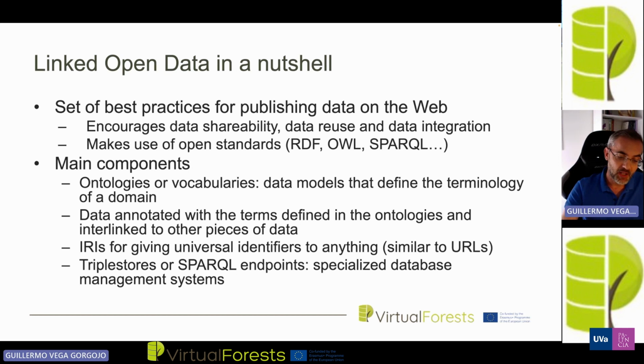Then you need identifiers. These are IRIs, universal identifiers to avoid ambiguities, and in a way they are similar to URLs. So basically it's identifiers, data, and models, the ontologies.